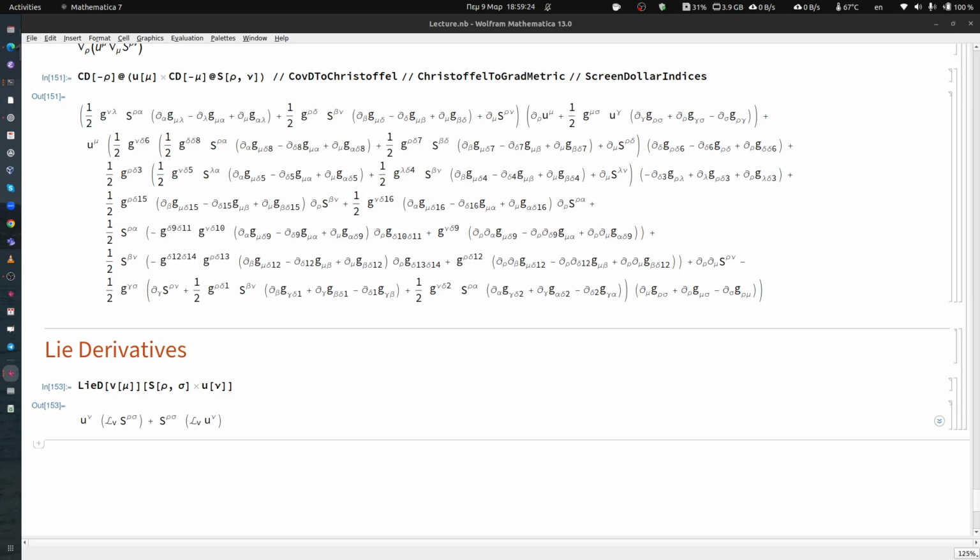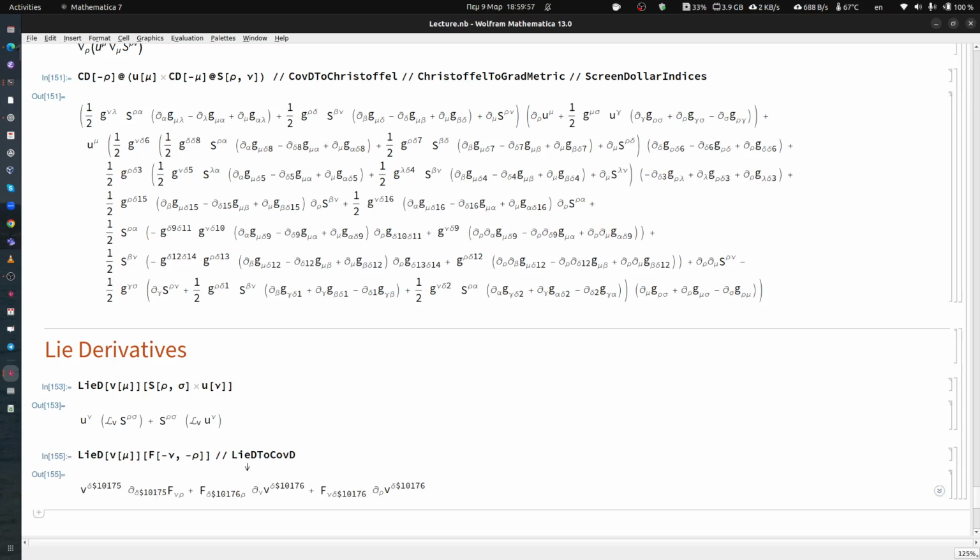So here is another example using the anti-symmetric tensor that we defined before. And a useful function that can be applied and gives us expressions in terms of the covariant derivative is, for example, Lie d to cov d.